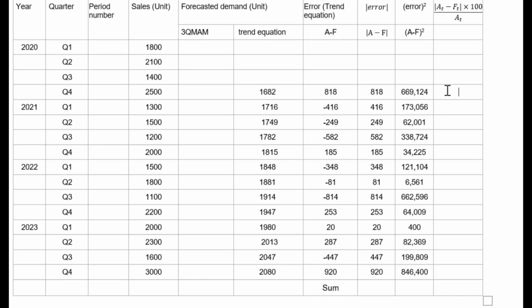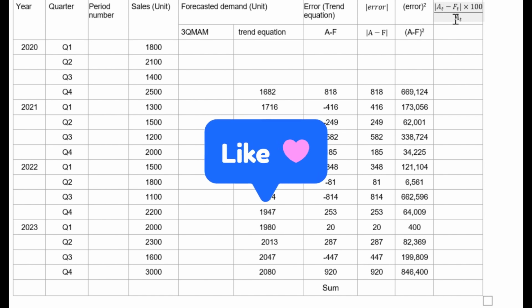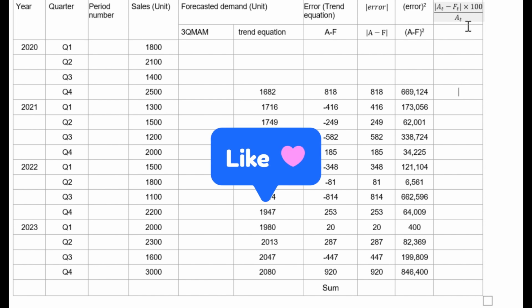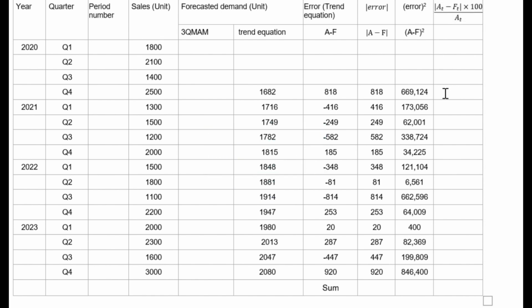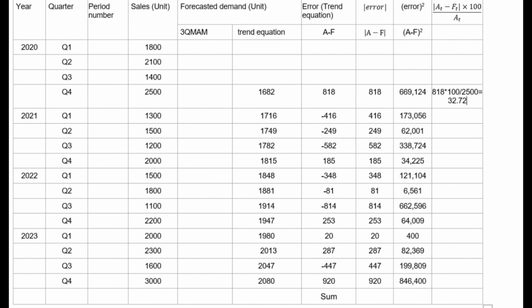After that, calculate the percentage of the error, which equals the absolute value of the error divided by the actual sales multiplied by 100. So for this period, it is 818 multiplied by 100 and divided by 2500. This is equal to 32.72. The next period, it is 416 multiplied by 100 divided by 1300.